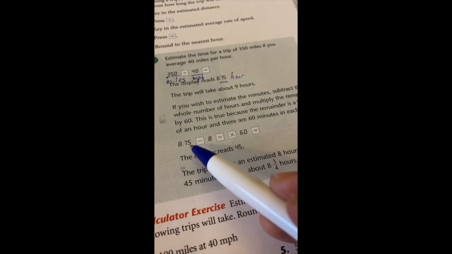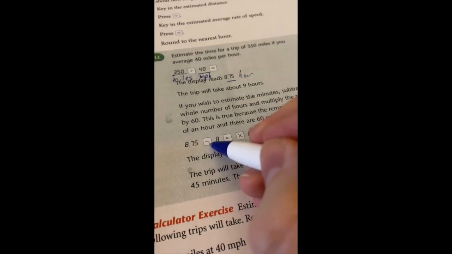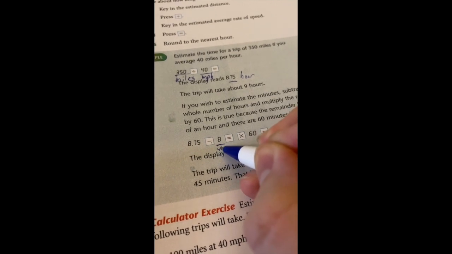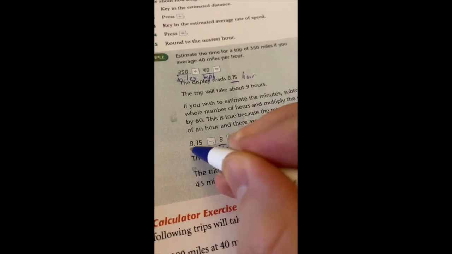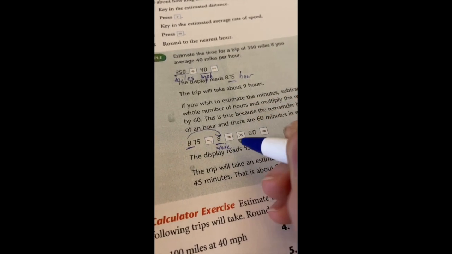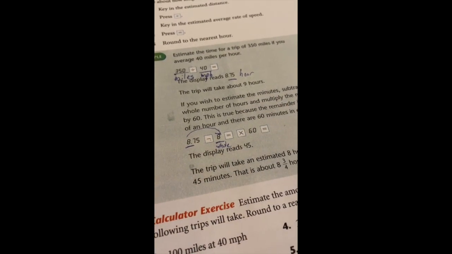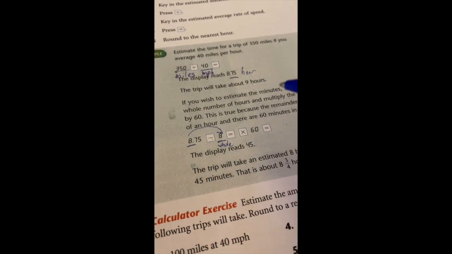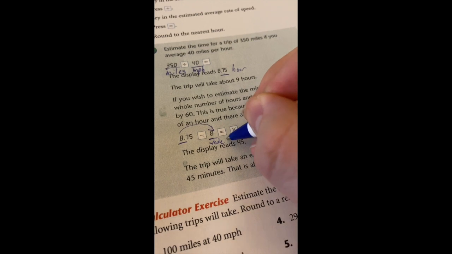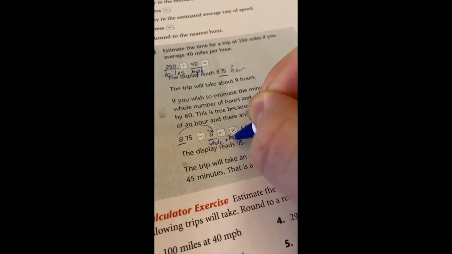So we take our answer that we got there, and we subtract the whole number from our answer. So that's the number that is to the left of the decimal point. Once you do that, you'll have a remainder, which is going to be 0.75.